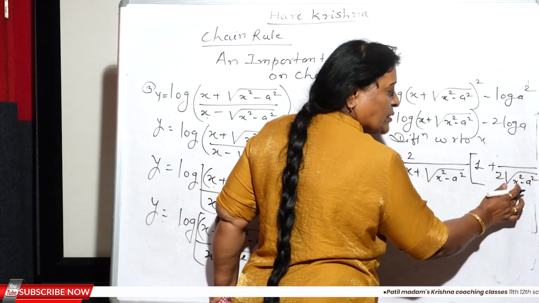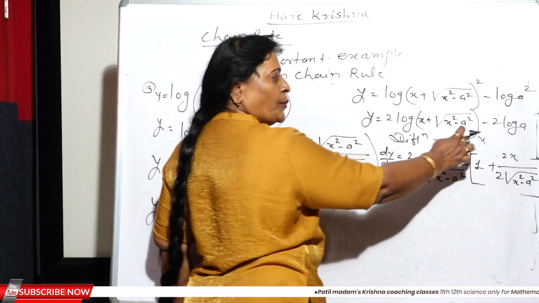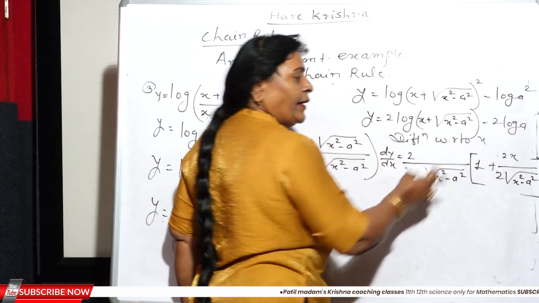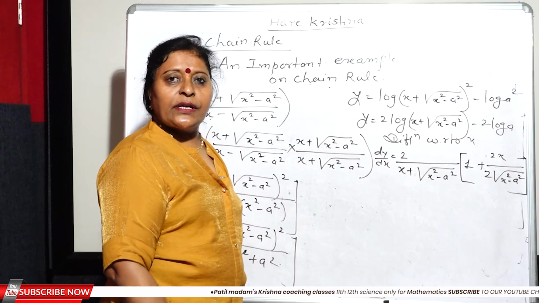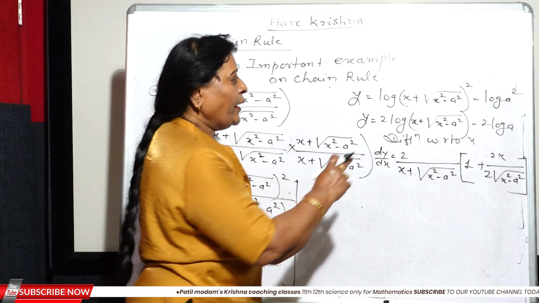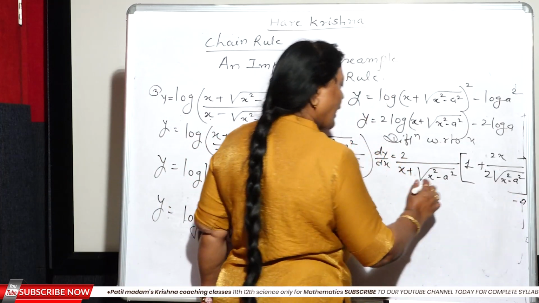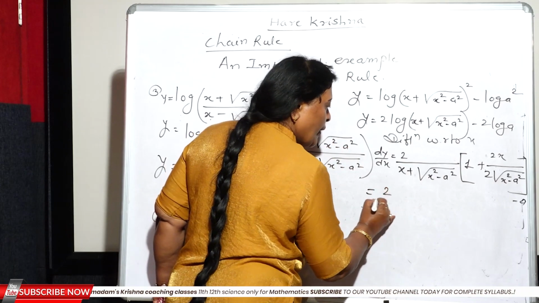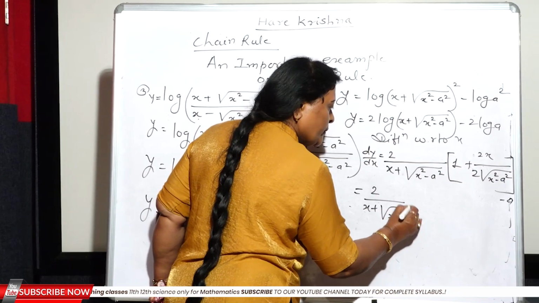And here, what is the derivative of x square? That is 2x. And again, if you observe this, 2 log a, it is independent of x, considered as a constant, and what is the derivative of a constant? 0, right? Therefore the derivative of this function is equal to 0. Therefore no need to write this. Again this is 2 divided by x plus root of x square minus a square.